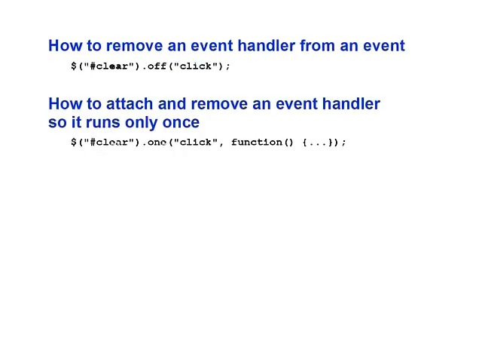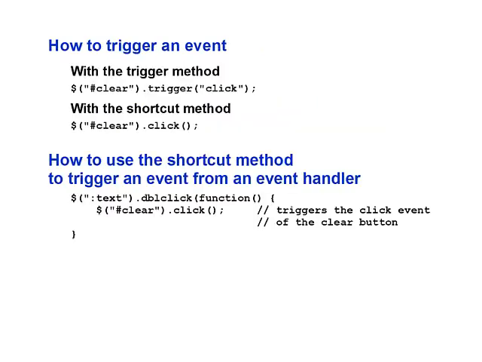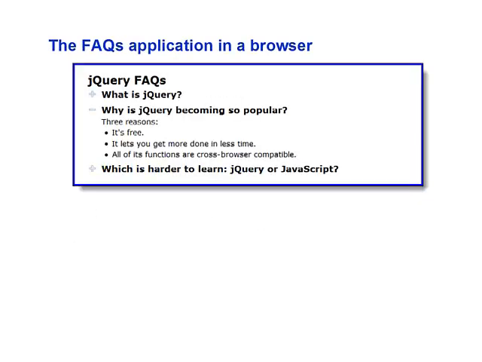Removing an event handler from an event can be seen at the top, as well as the ability to add and remove an event handler that only runs once. Trigger methods with a shortcut way. Again, jQuery supports both long and short methods, but it's built to save time. And this pretty much summarizes what we've covered for week 1 in terms of some of the initial jQuery code, including selectors, events, methods, terms, and our first week 1 application.